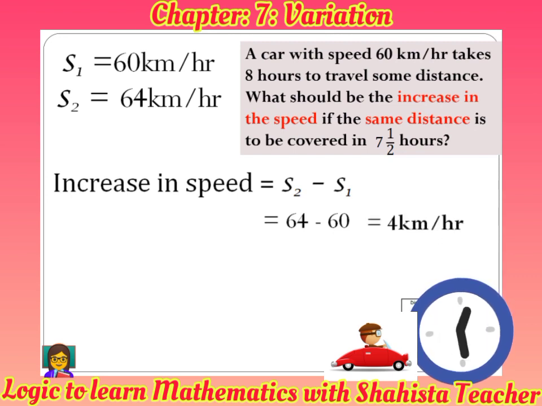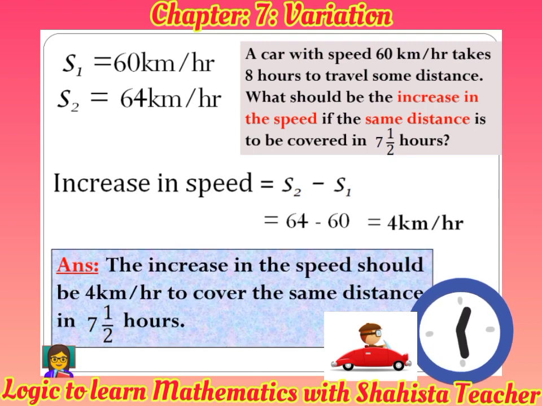So the increase in speed should be 4 kilometer per hour to cover the same distance in 7.5 hours. यानी कि 4 किलोमीटर पर आवर की अगर स्पीड बढ़ाकर आप चलते हो तो आप 7.5 आवर में वो डेस्टिनेशन पर रीच करोगे. Is that clear, my dear students?